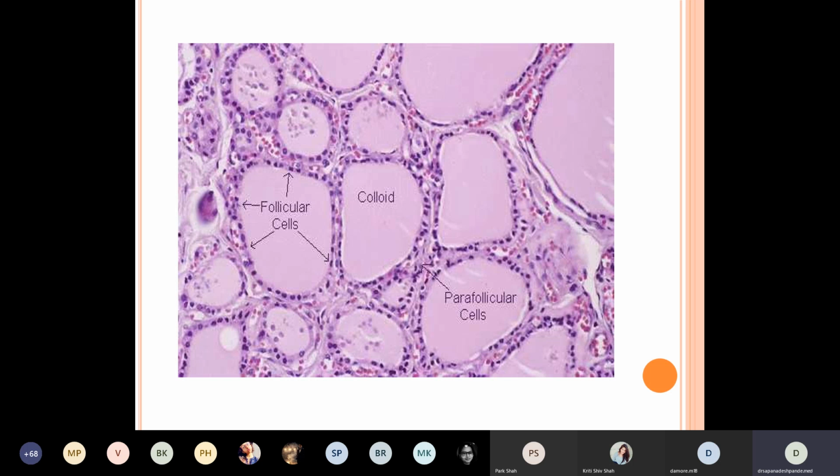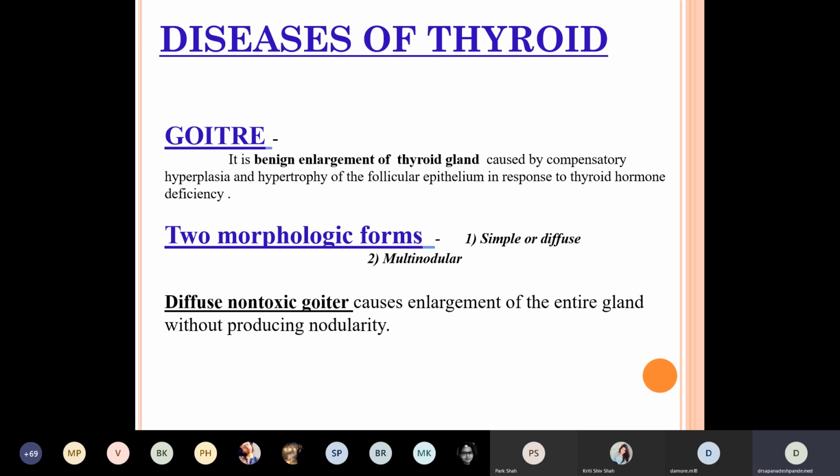The glands are increased in size, and you can see an increased number of follicles and increased size of the follicles. No other organ looks like this. Sometimes you will feel kidney tubules look similar, but this is not. Thyroid is very easy to identify. So there is one slide of thyroid, that is goiter.